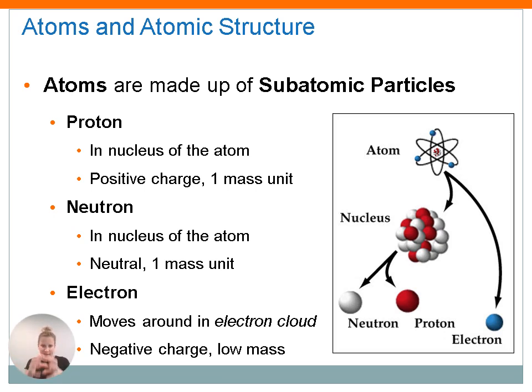So a dense, heavy nucleus in the core of the atom, and then an electron cloud, which is essentially an orbit that the electrons move around in. Okay, so let's talk about the characteristics of these subatomic particles. Again, every atom is made out of some combination of protons, neutrons, and electrons.